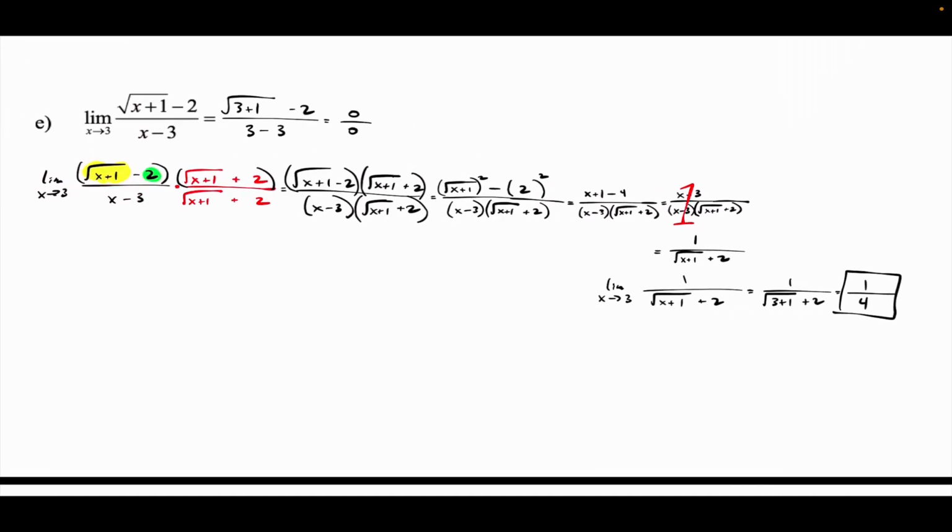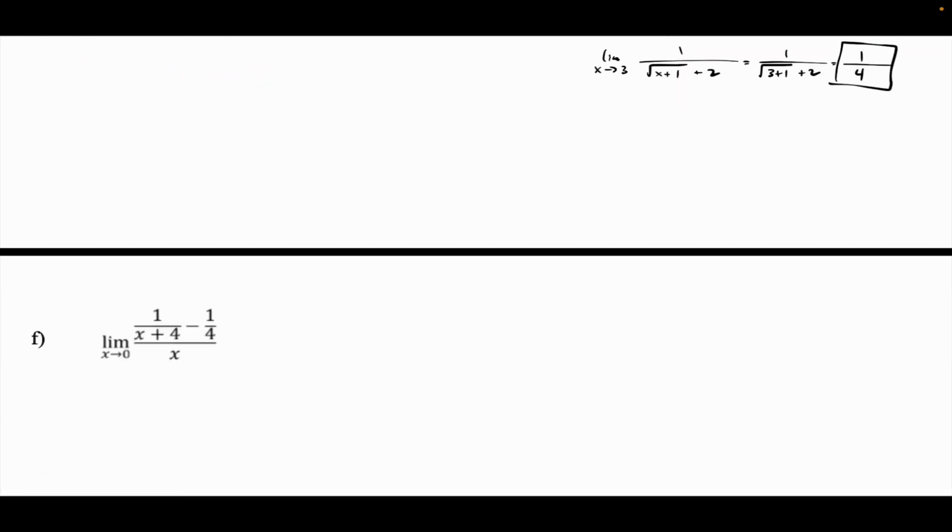So we'll call this example 2E or E part 2, whatever you want to call it. Okay, I'm going to give you another one just like that so you can try it. And then we'll be done for today.